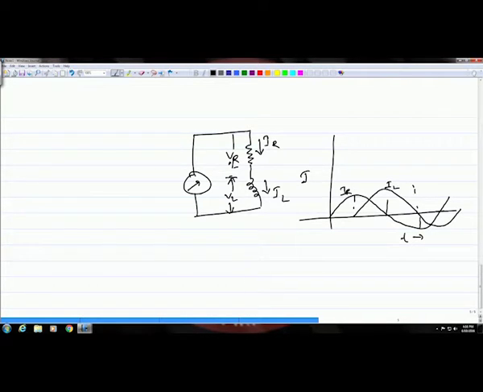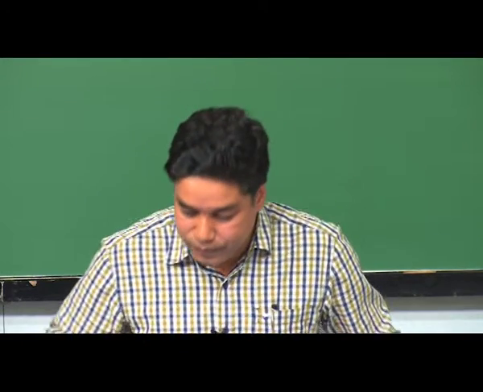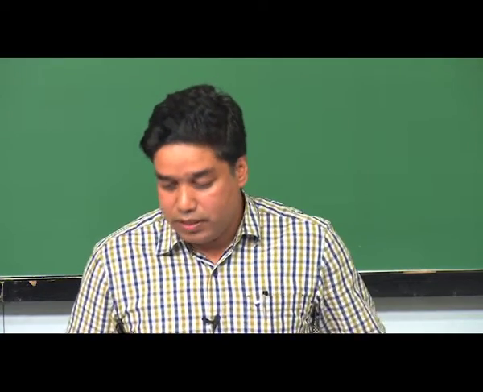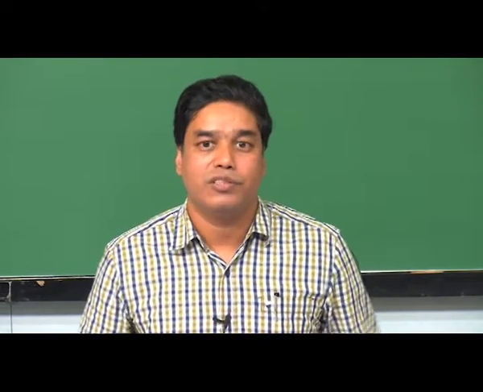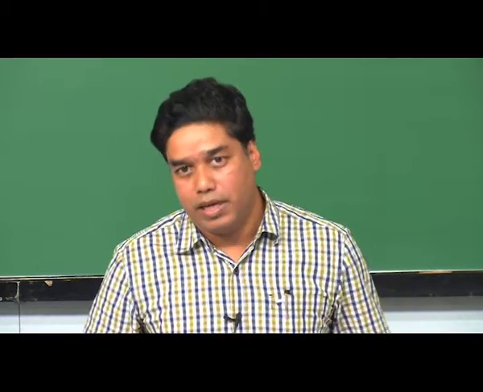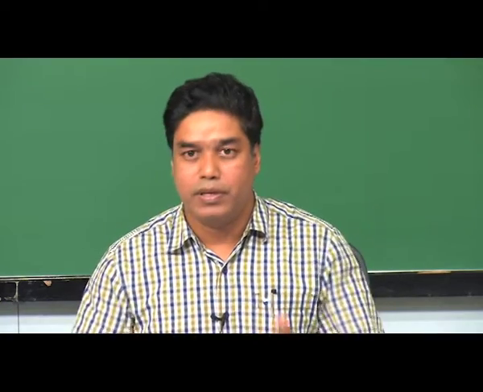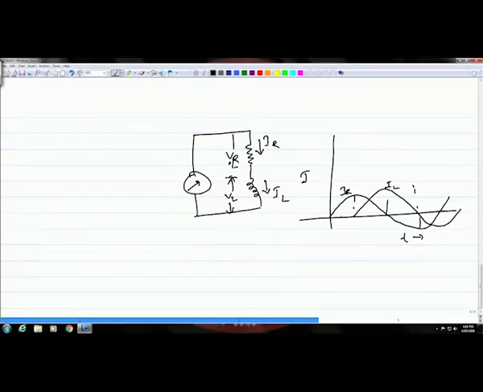There is a phase lag between them, and in this case the phase lag is 90 degrees, as you could see. So the total current flowing through this circuit, which contains both resistance as well as inductance, will be a sum of these two, somewhere in between, like this.